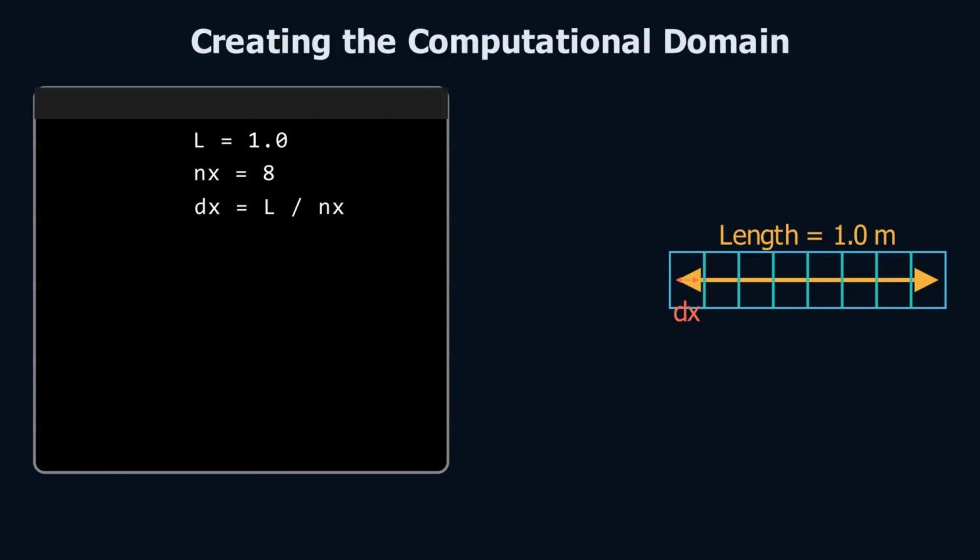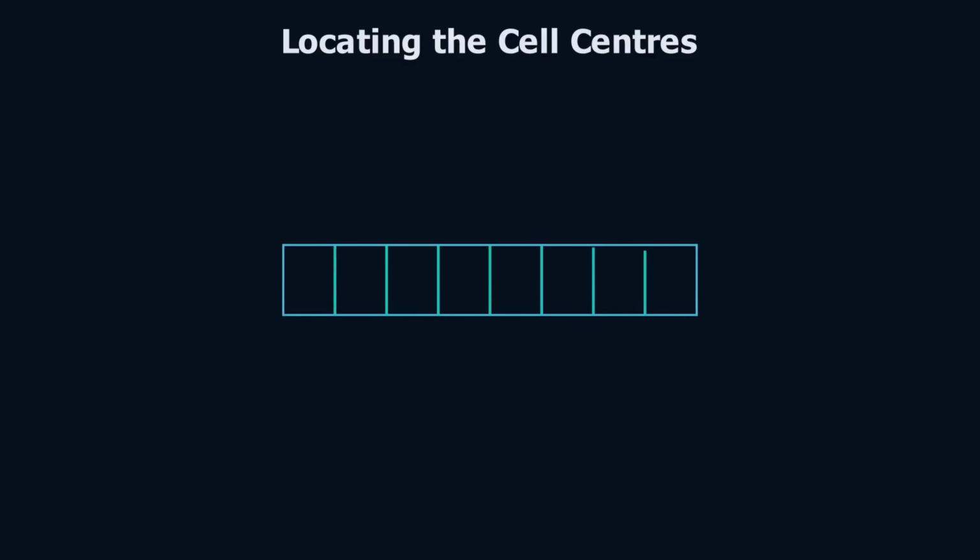Since every cell has the same width, the cell size is simply the domain length divided by the number of cells. Now our solver knows the size of every computational cell. Our domain is now divided into 8 computational cells.